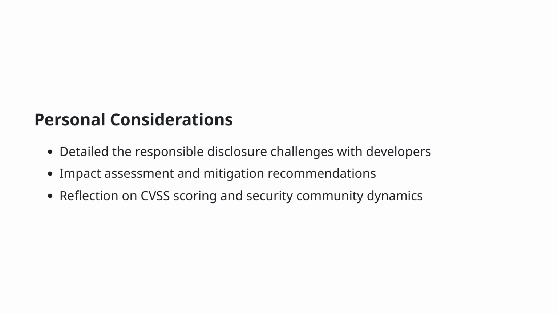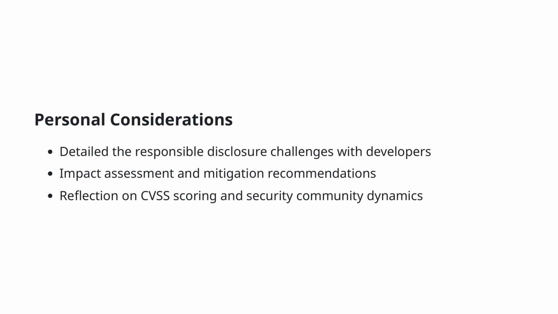Now let's look at some personal considerations from this research. First, discussing responsible disclosure challenges with developers is essential. It's not always a straightforward path, as coordinating with developers to notify them about vulnerabilities can be complex and time-consuming. Next, consider the impact assessment and the mitigation recommendations.